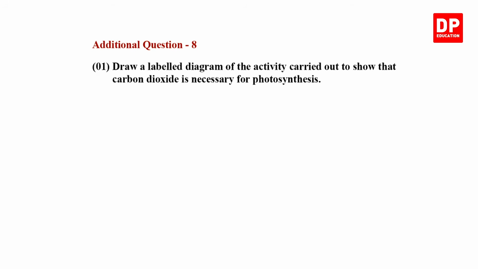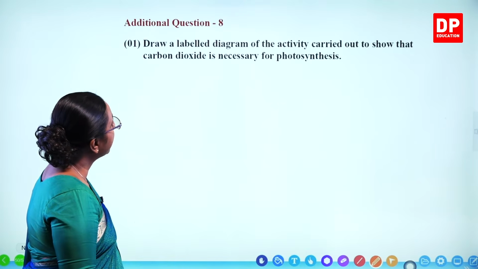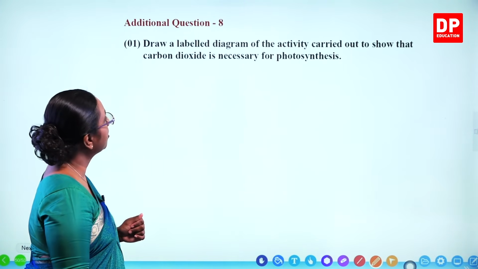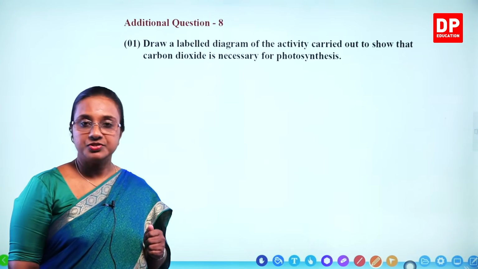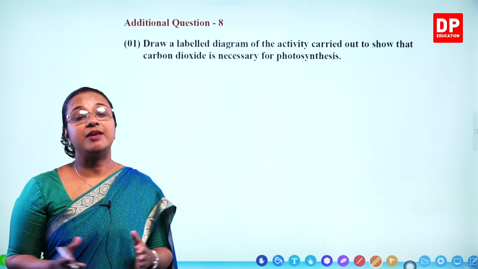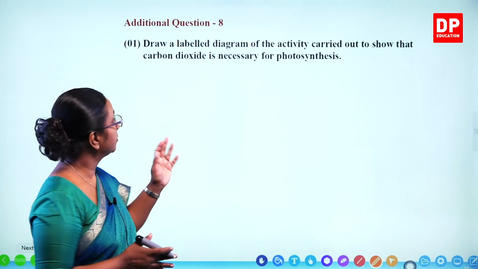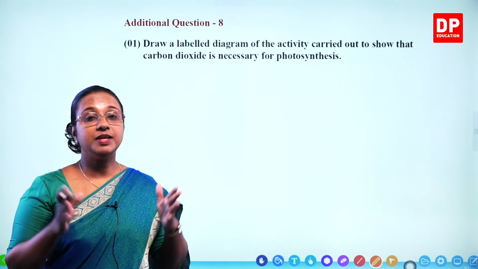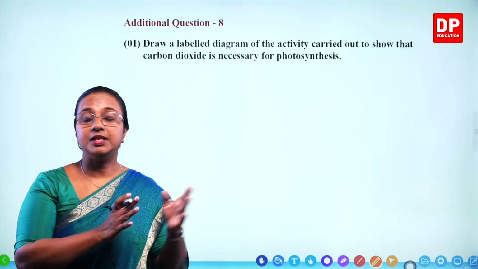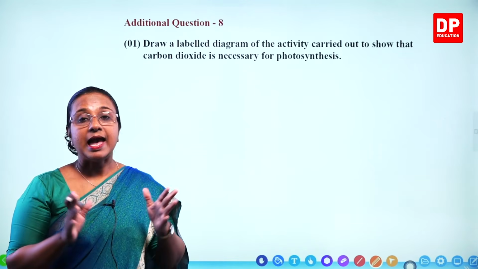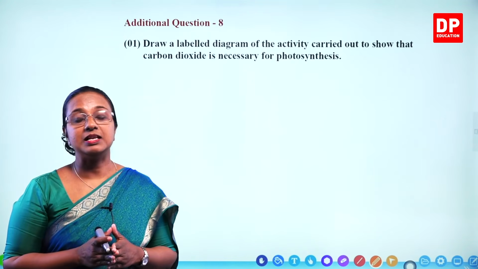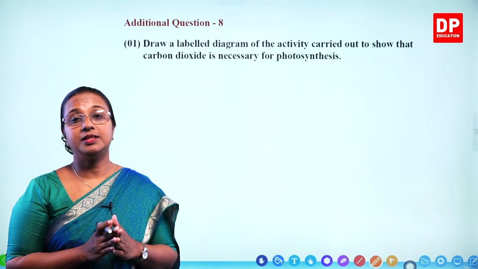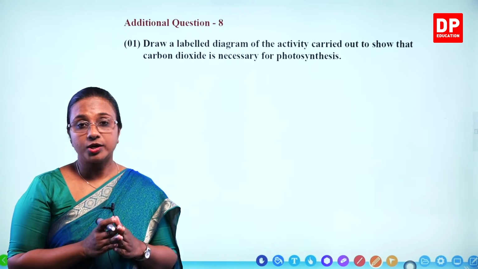Additional question 8. Draw a labeled diagram of the activity carried out to show that carbon dioxide is necessary for photosynthesis. I am sure you can remember the activity. So here we have to draw a labeled diagram. What did we do? We took a potted plant, kept it in the dark for 48 hours, and then we selected 2 similar leaves, and into one transparent polythene bag we take water.